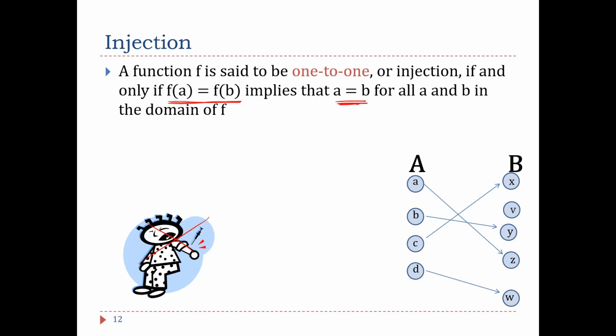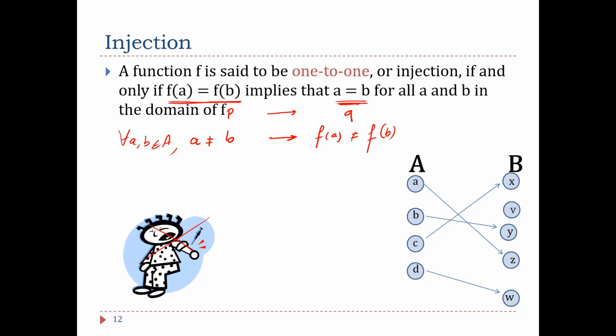But if you look at the contrapositive of this implication, it's not q implies not p, which is if a happens to be different than b, then necessarily f of a must be different than f of b. I'm sorry for those random horizontal lines. Of course, for every a and b in A.